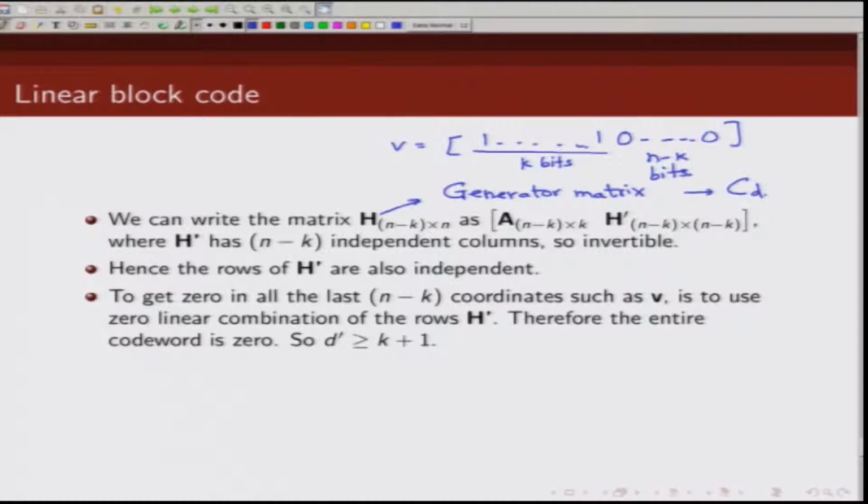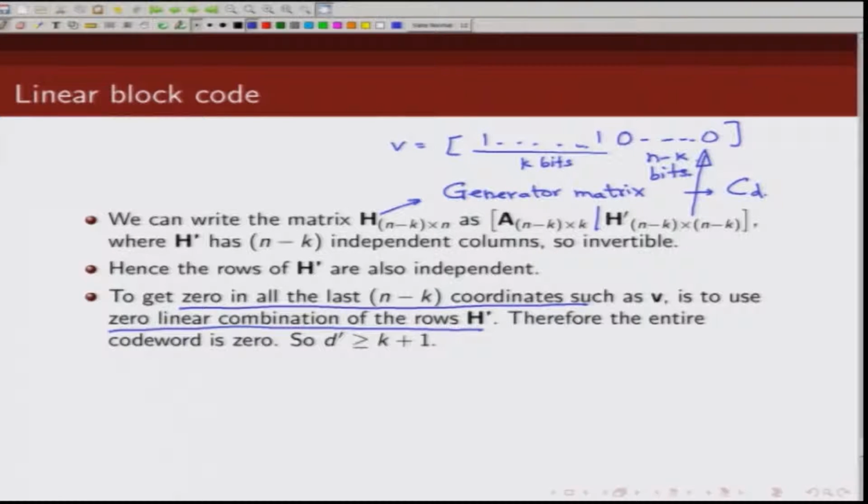Now, remember, to get 0 in the last n minus k coordinates, this consists of n minus k linearly independent columns and rows. To get 0 in the last n minus k coordinates, the only way we can get it is if we use a 0 linear combination of all rows. So, if we do 0 times all the rows, that is the only way we can get this condition.